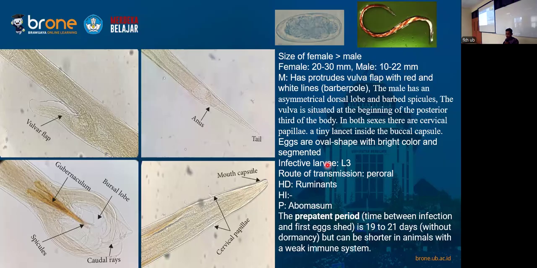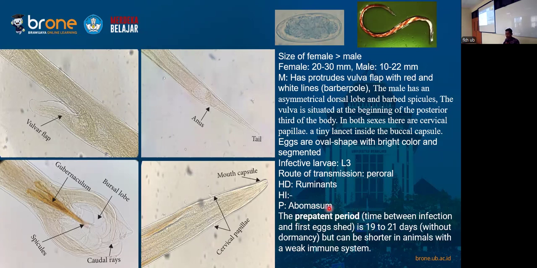Okay, the infective larva is L3. The route of transmission is peroral, and the definitive host is the ruminant. They have no intermediate host because their life cycle is direct. The site or predilection is the abomasum.